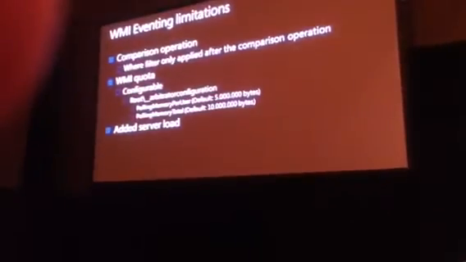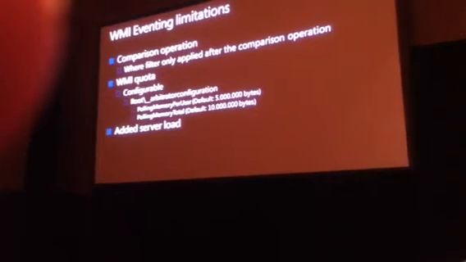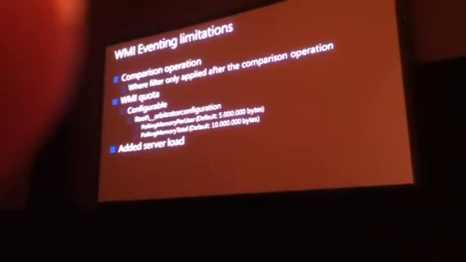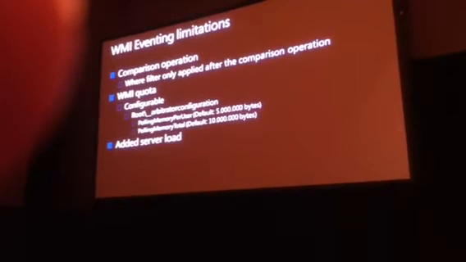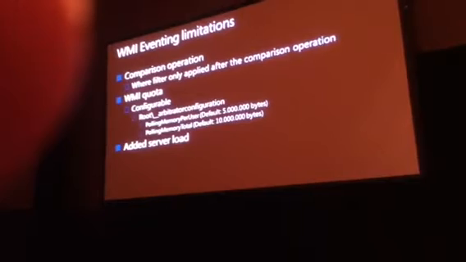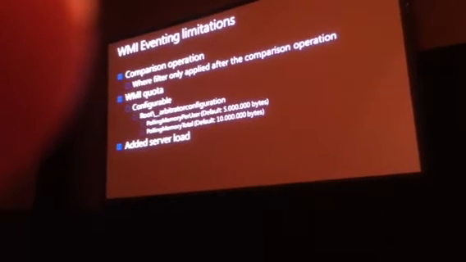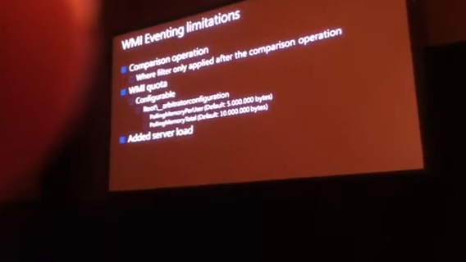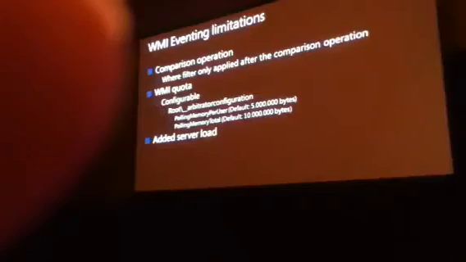Okay. The WMI quotas are configurable though. By default, they're pretty limited. By default, a single event query cannot contain a data set larger than 5 megabytes. So that's pretty limited, which means that indeed if we have a substantial amount of groups, we're probably not going to be able to make this solution work.